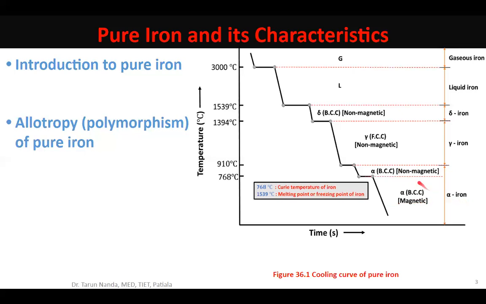Yes, this alpha iron at 768 changes its magnetic characteristic to being non-magnetic or paramagnetic, and students, for some period of time this non-magnetic BCC iron which exists in the range 768 to 910 was also referred to by the Japanese as beta iron.